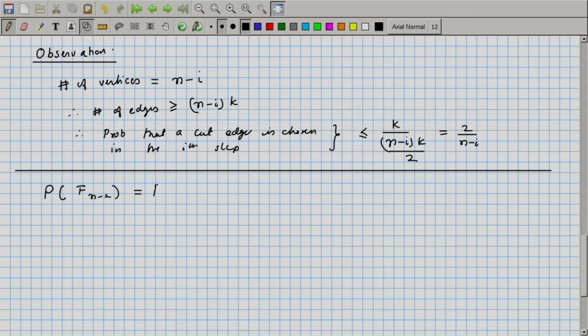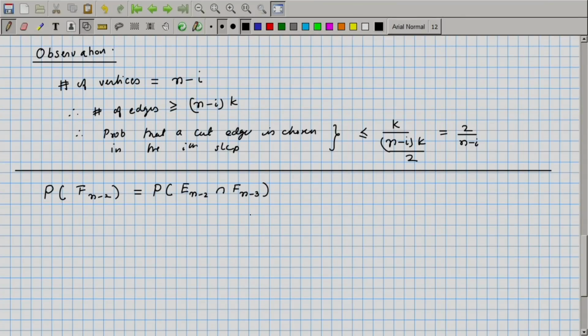So, we can write it as the probability of E n minus 2 intersection F n minus 3. F n minus 3 denotes the event that no edge chosen till the n minus third iteration has been a cut edge, and E n minus 2 denotes the event that no cut edge is chosen during the n minus second iteration.